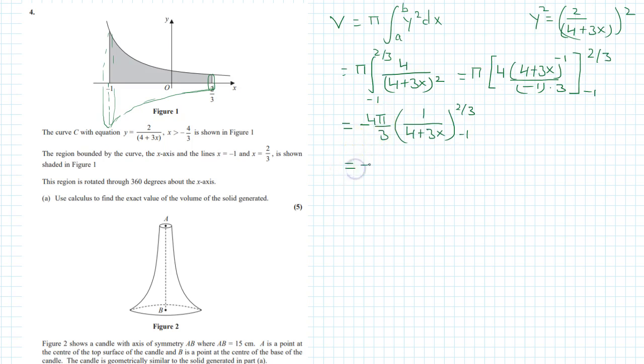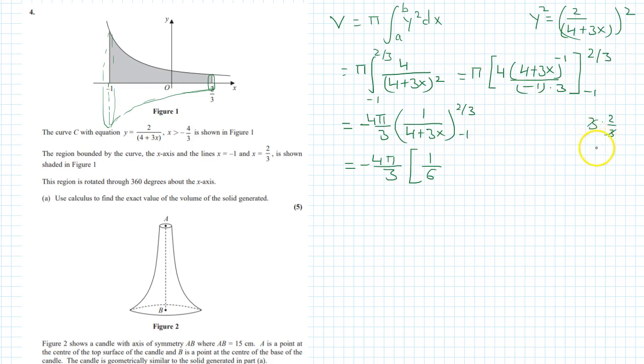So this is equal to minus 4 pi over 3, and this, let's put 2 over 3. So 3 multiplied by 2 over 3 is 2, so this is 4 plus 2, so it will be 1 over 6.